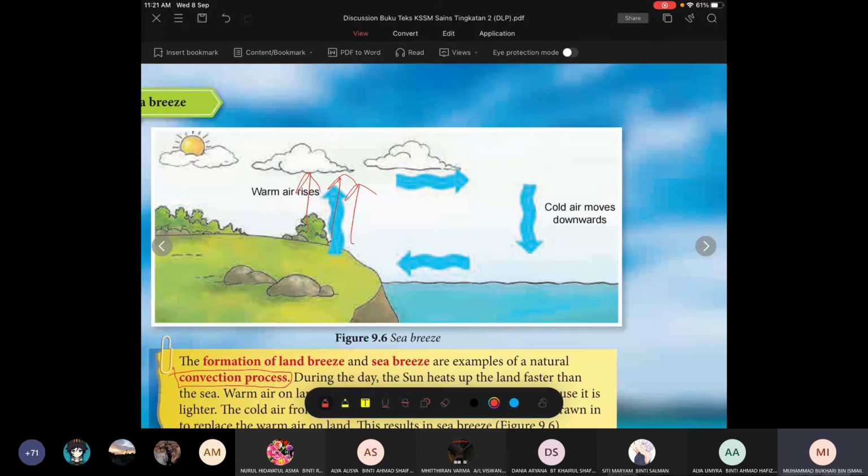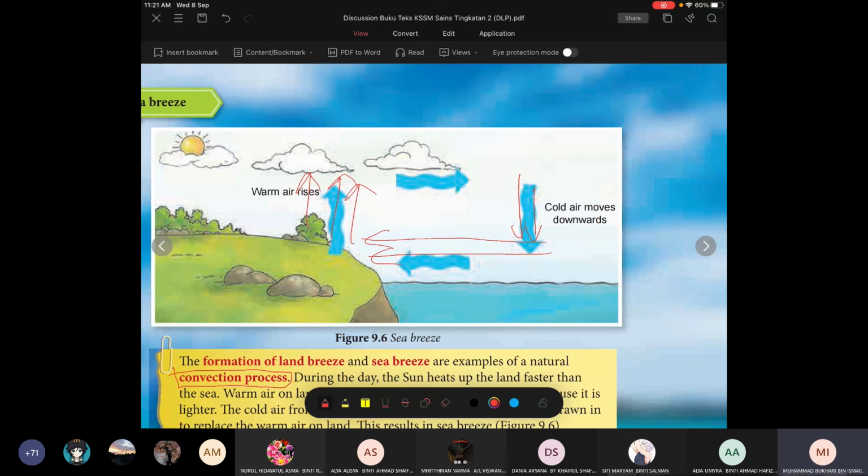So the air from the ocean or the sea will flow to the land to fill the empty space, the lower pressure area, and then the air from high altitude on the ocean will go down to fill the area also.